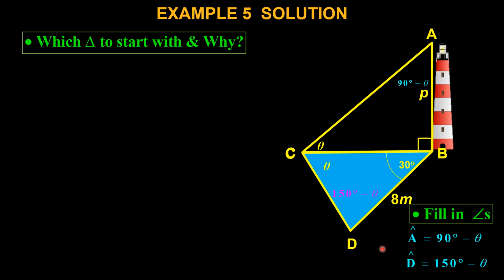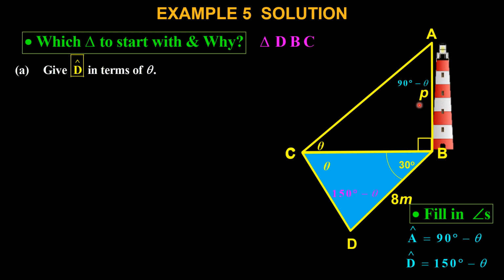We take the one with a length, and there we've got a length of 8, so we'd rather use this one, right? So we're going to start with this. I can calculate, and then we'll calculate CB, because CB is the link with the AB there. So I'm going to start with triangle DBC.